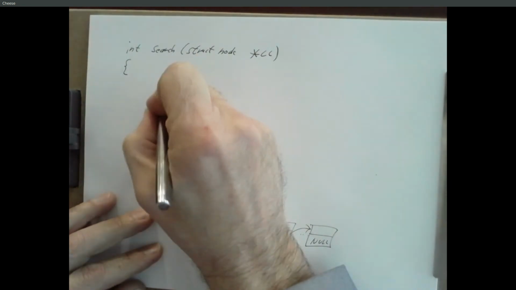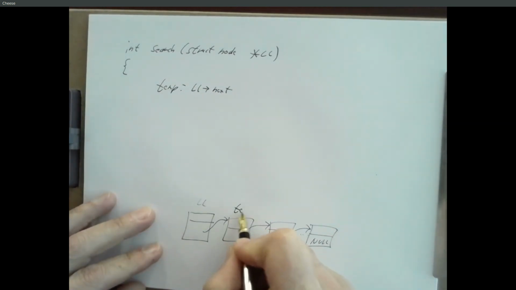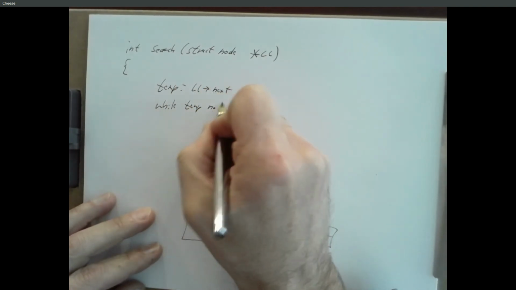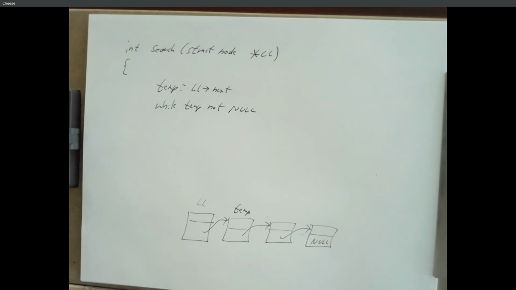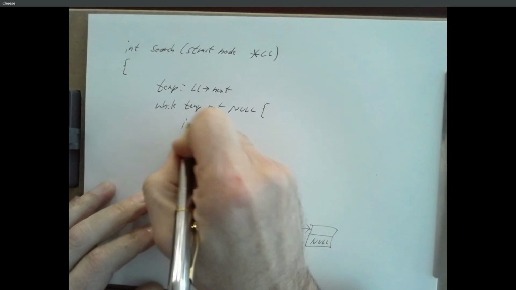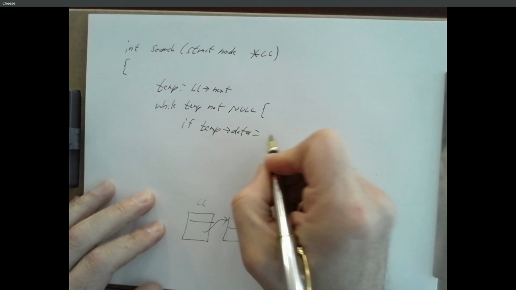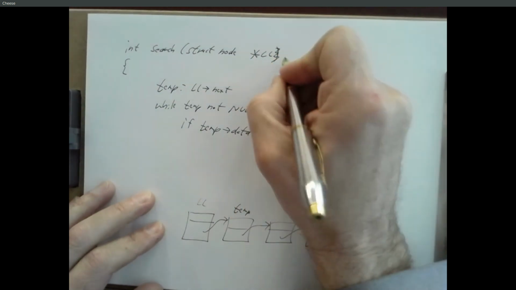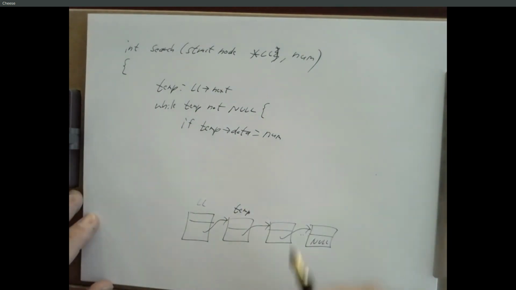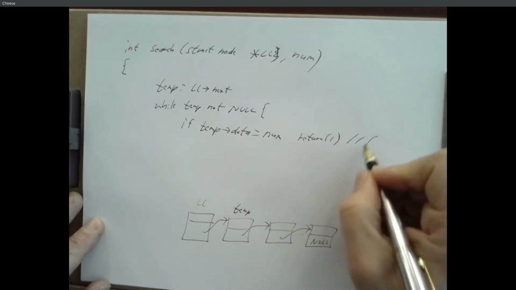So again, start off with the first node. And I'm switching to some pseudocode here. So while temp is not null, and our search takes 2 arguments, also needs a number. So if temp's data is equal to number, return 1, saying we found it.